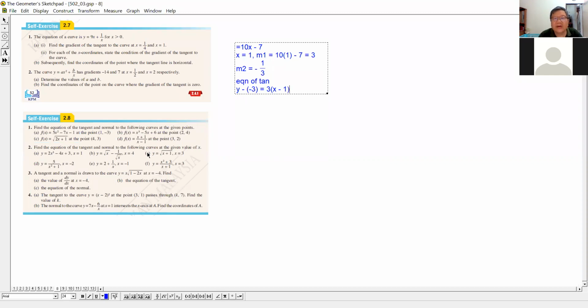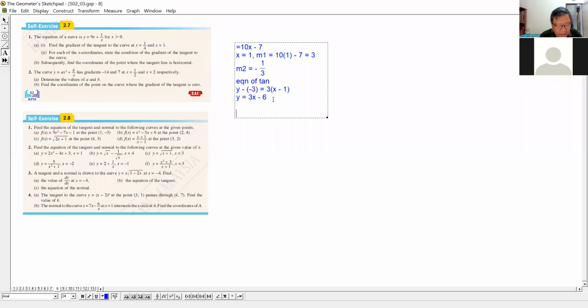So y plus 3 equals 3x minus 3, and bringing over the negative 3 becomes negative 6. So y equals 3x minus 6 is the equation of tangent.